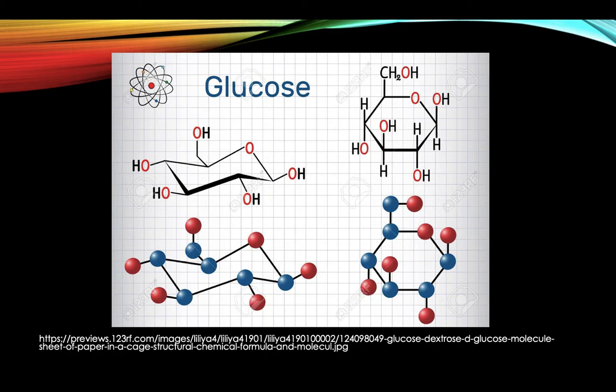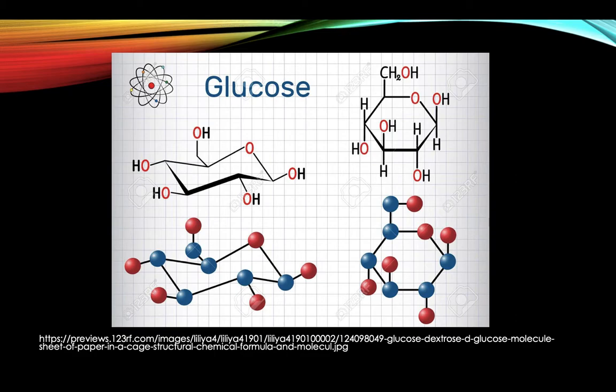Then fructose 6-phosphate, then fructose 1,6-phosphate, and then it's split into glyceraldehyde 3-phosphate. Another component of that is dihydroxyacetone phosphate, or DHAP, and DHAP cannot move on, but it can be converted into glyceraldehyde 3-phosphate, which in turn can move on.